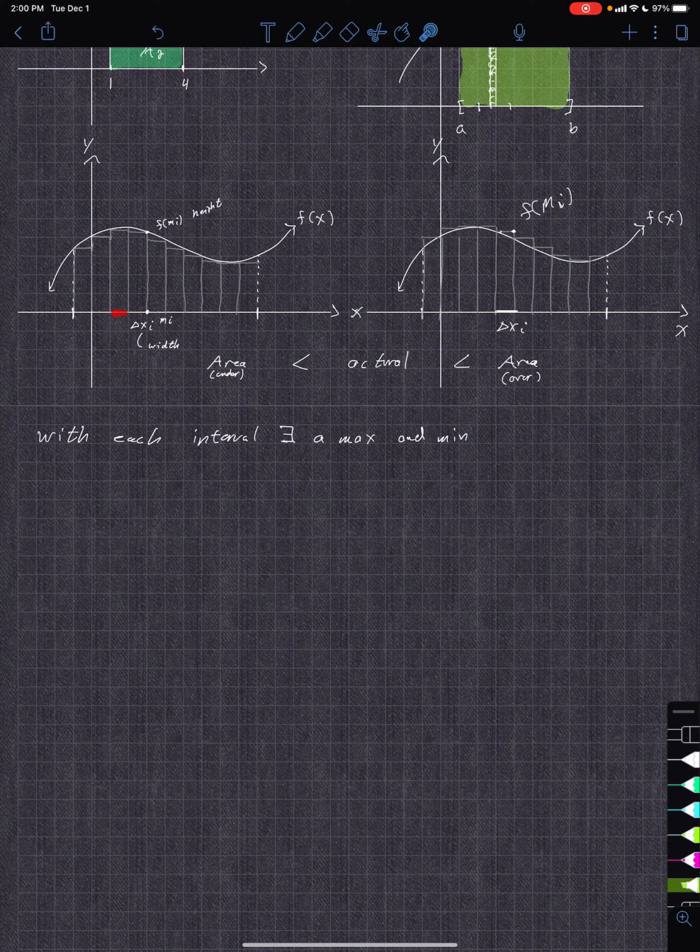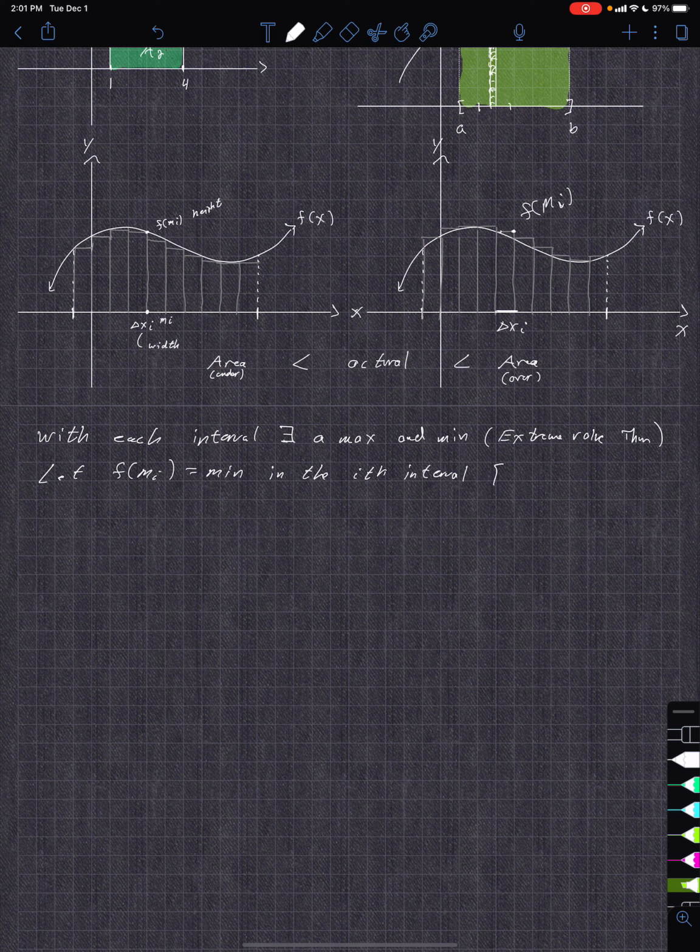So within each of these little intervals, there exists a max and a minimum. That's the extreme value theorem.